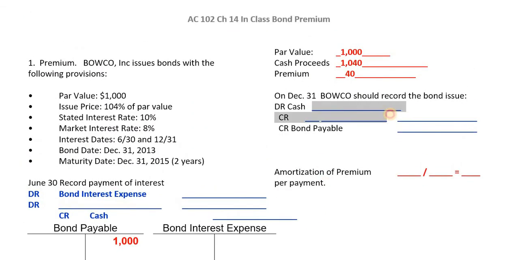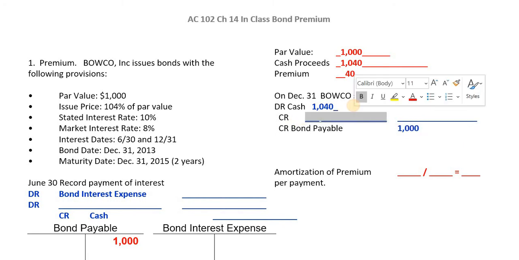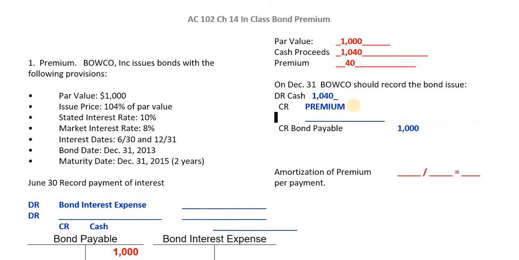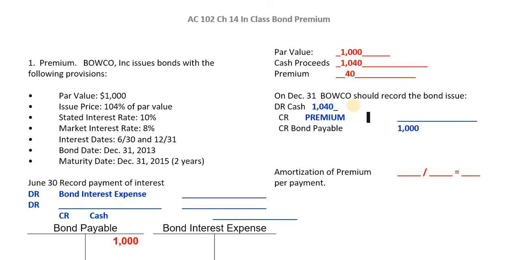So here's our entry. We got cash of $1,040. We got a bond payable of $1,000. And we have a premium of $40.